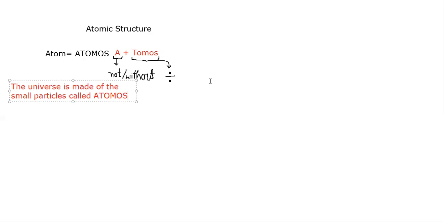That concept was given by a Greek philosopher whose name was Democritus, about 500 BC. The basic concept of atomos is that these particles cannot be broken down or divided further.